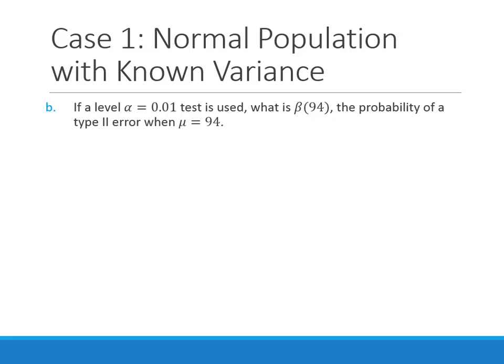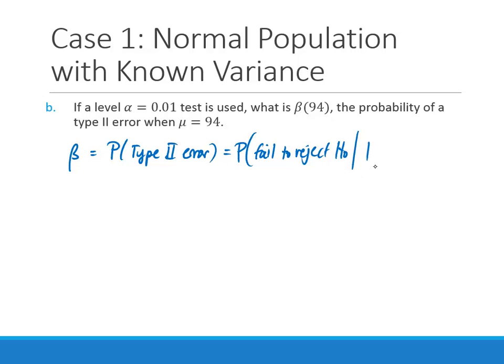So remember, beta equals the probability of a type 2 error, which was the probability that we fail to reject the null hypothesis when, in fact, the null hypothesis is false.